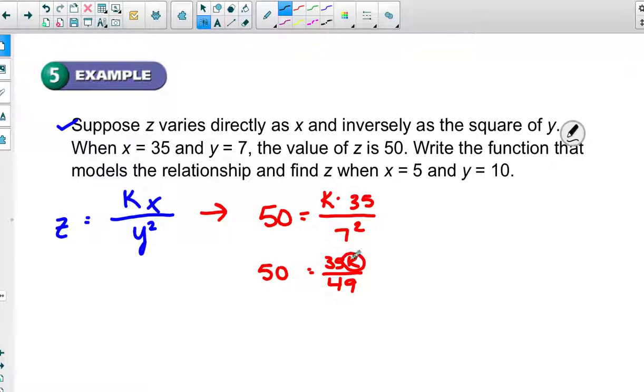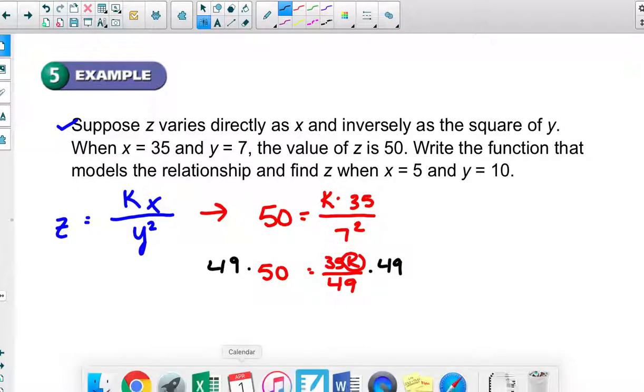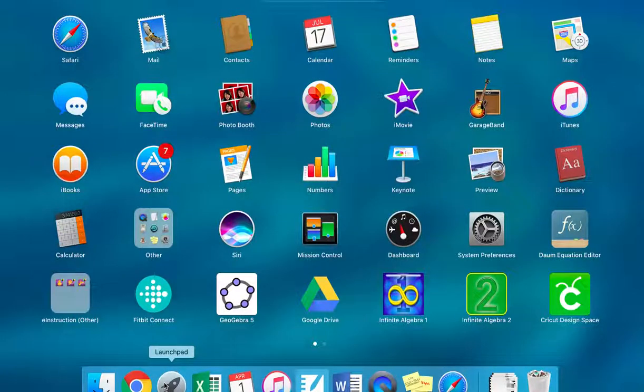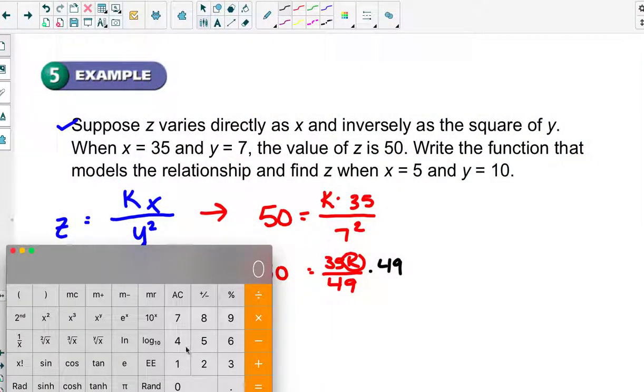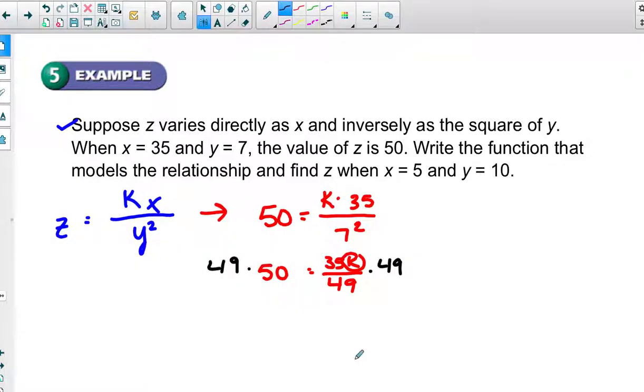So I am going to start by multiplying both sides by 49. And honestly, I don't know what that is off the top of my head, and I should because it's pretty doggone easy. Not 2,500, 2,450 maybe, I'm thinking, but I'm doubting myself and it's better to double check. So 2,450 it is.